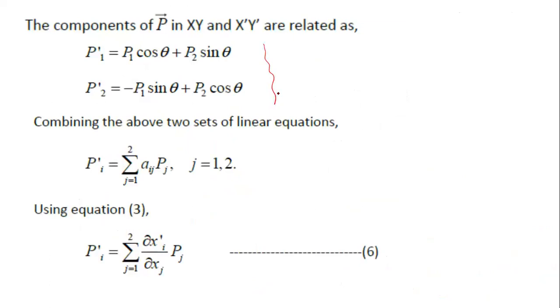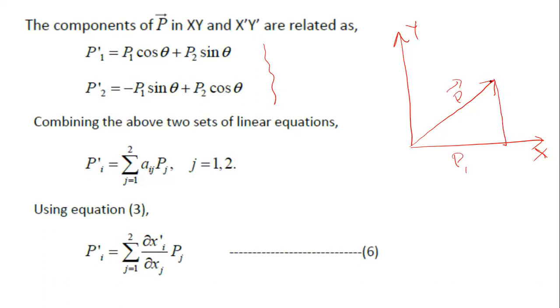As I said, you can work this out from the geometry. Let me redraw it to clarify my point. You can measure a velocity vector P here. This will be your P1 and this will be your P2. Now you have another coordinate system, the x prime y prime coordinate system, rotated by an angle theta.